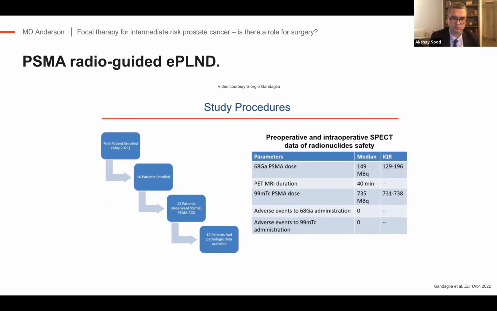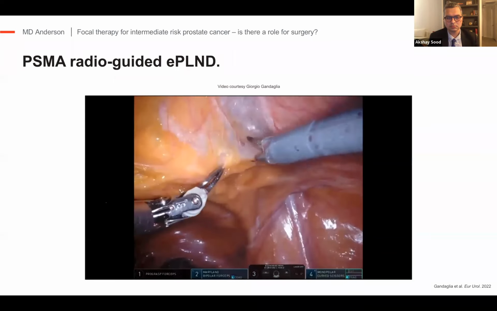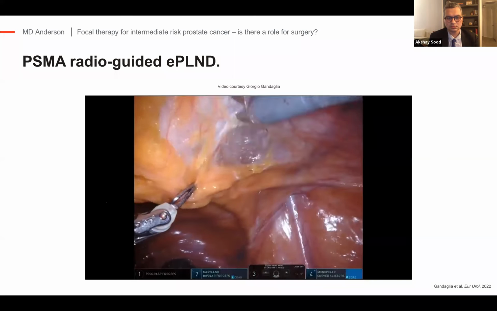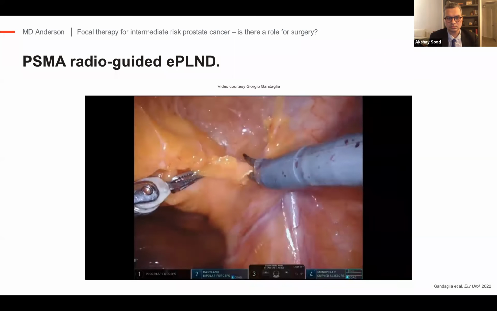The average dose of 68Ga PSMA administered was 149 megabecquerels. The average dose of 99m technetium PSMA administered was 735 megabecquerels. There were no adverse events to administration of either tracer. All procedures were performed through a transperitoneal approach using the da Vinci Xi robotic surgical system.